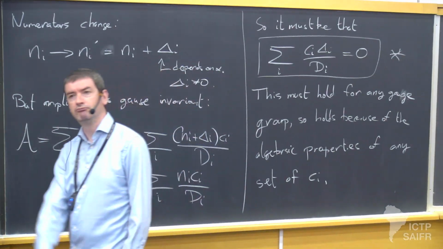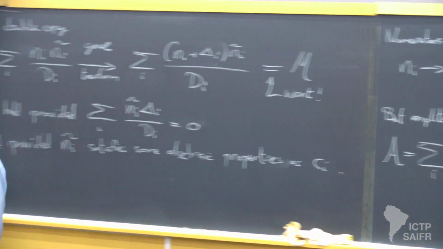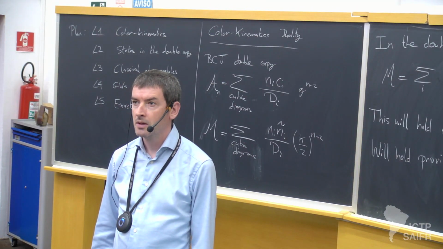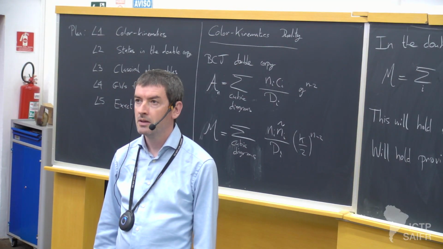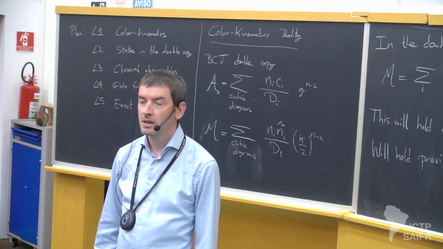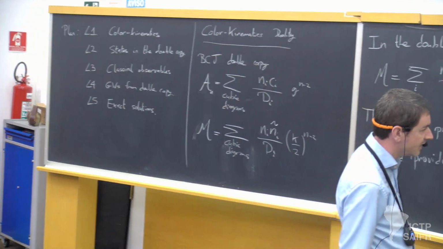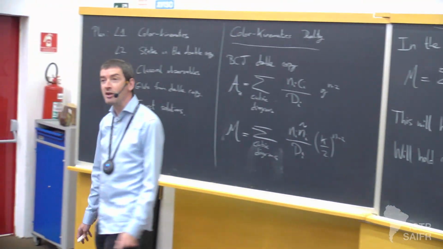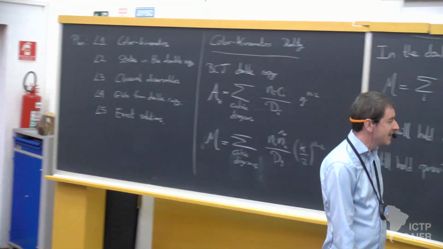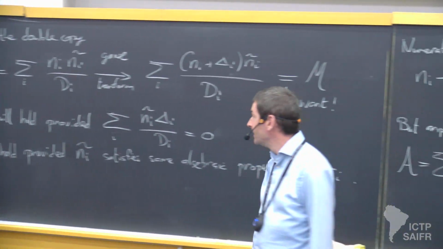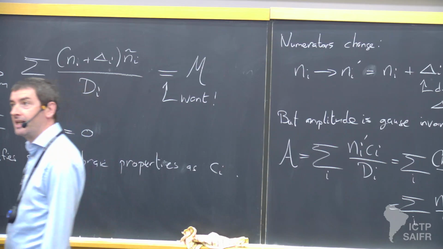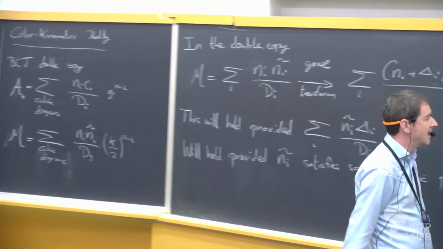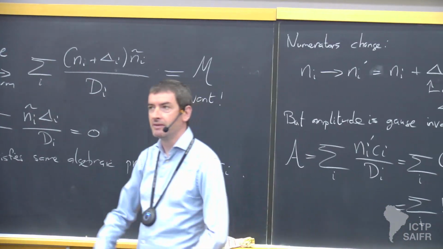Yep, yours first. Yeah, that's right. The observation, I'm not sure if it's a question, was that the logic here is that we want the double copy to work, so therefore these Jacobi relations come out of the logic that way.